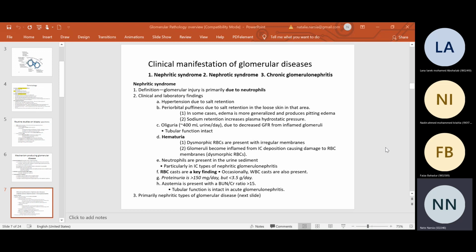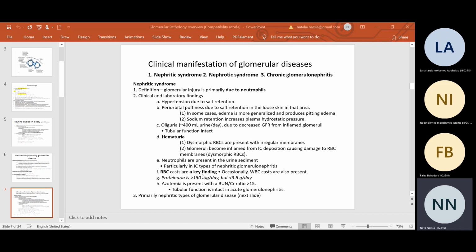Sorry, guys. So casts, pay attention. It is not cells, because neutrophils are usually present in urine sediment, but white blood cell casts are rarely present, but you can find them as well. But red blood cell casts are the key finding.